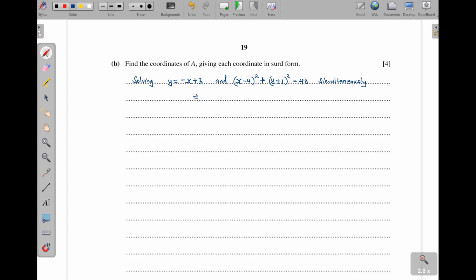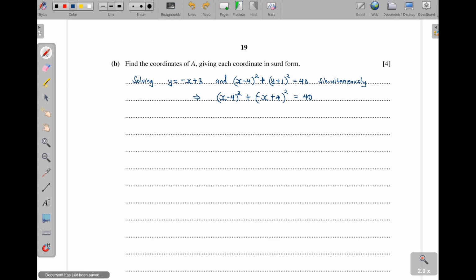So this, therefore, implies that we have (x - 4) squared, then plus, this will be (-x + 4) squared is equal to 0. You can expand this and then you solve that quadratic.